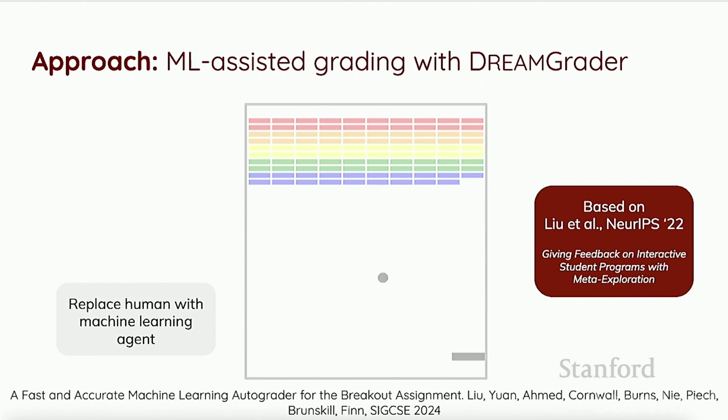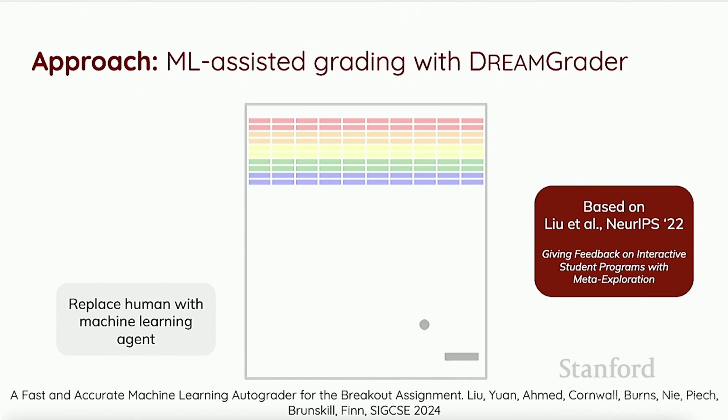There's a first paper on how we could do this at all. There's a second paper by Evan who was looking at trying to do explicit exploration, really fast exploration. And then we joined forces to think about how we could do fast exploration in this setting. And then more recently, we published a paper showing that this could actually significantly reduce grading time and improve accuracy when you combine this with humans.